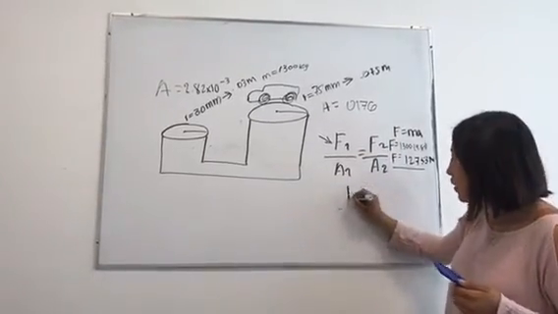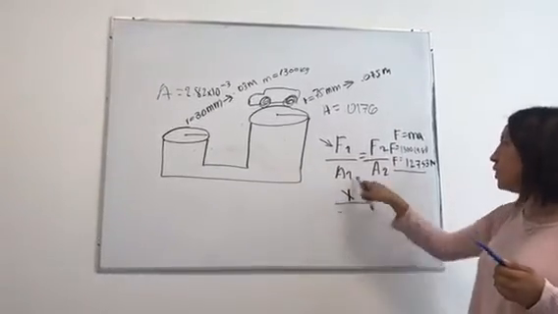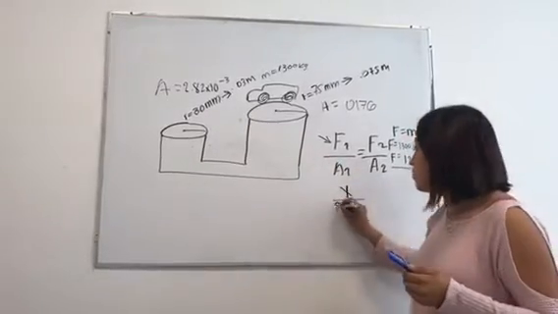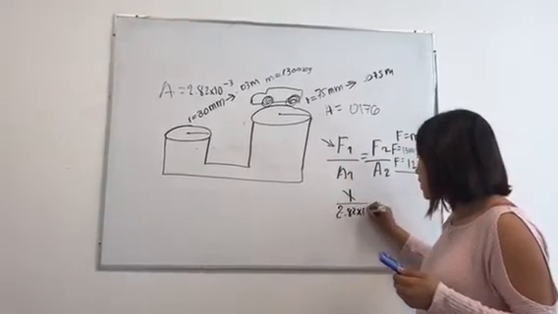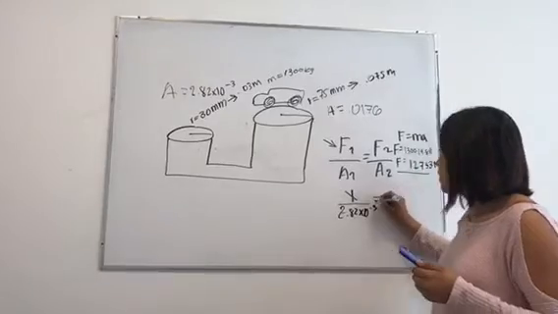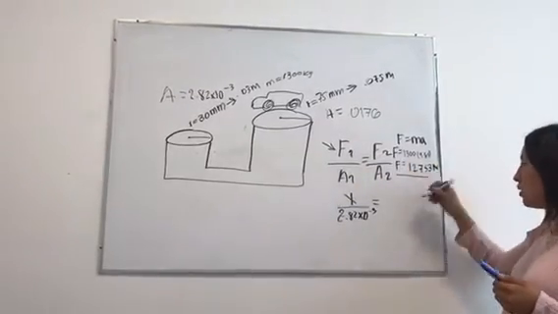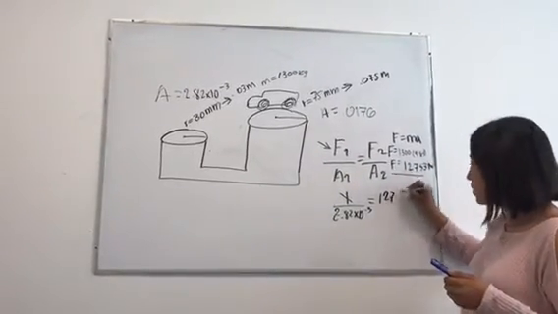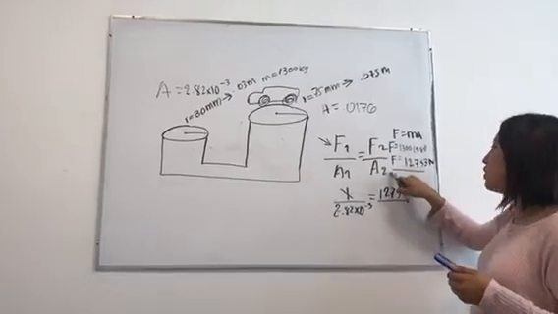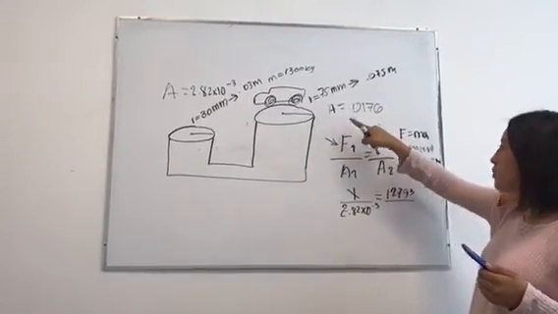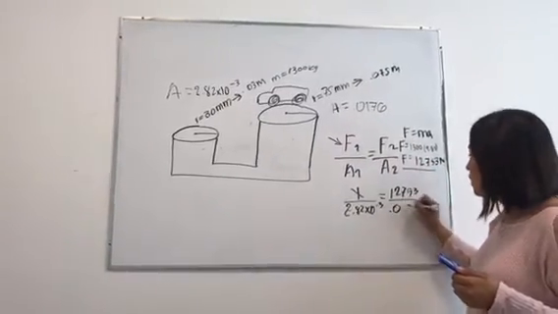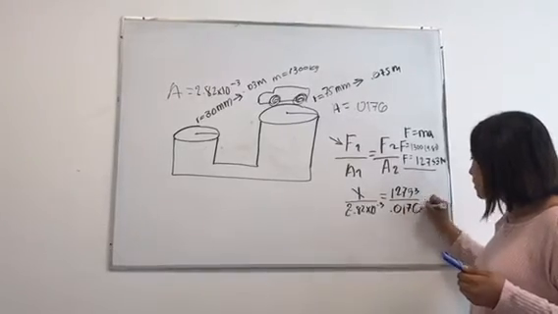So we have area 1, we have force 2, and area 2. We don't know force 1, but we know area 1, that is 2.82 times 10 to the minus 3, is the same as force 2 that we calculated here, that is 12,753 over area 2, that is the outer piston, that is 0.0176.